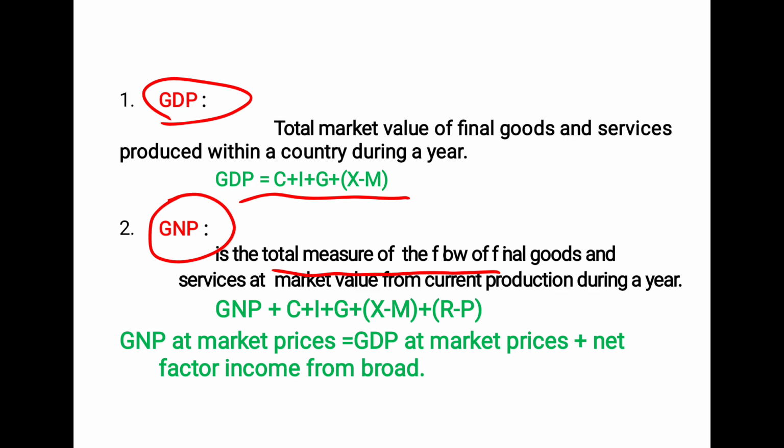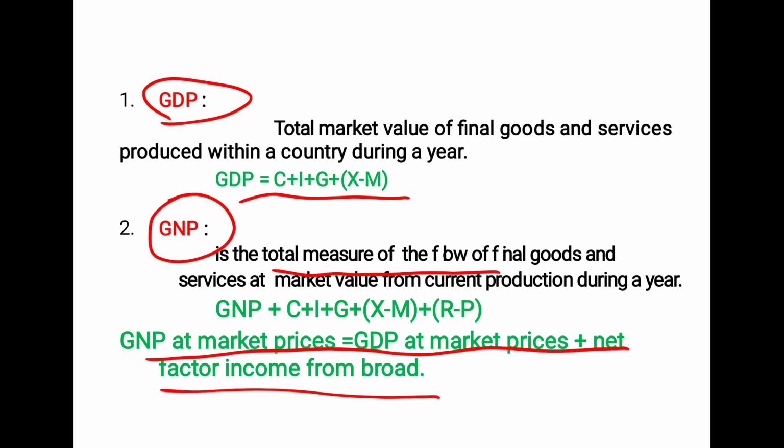So the formula for GNP at market price is equal to GDP at market price plus net factor income from abroad.